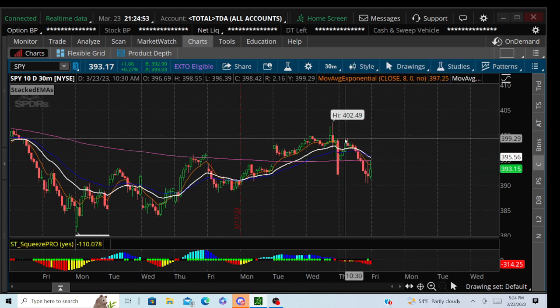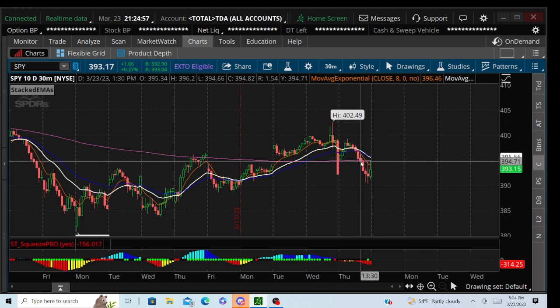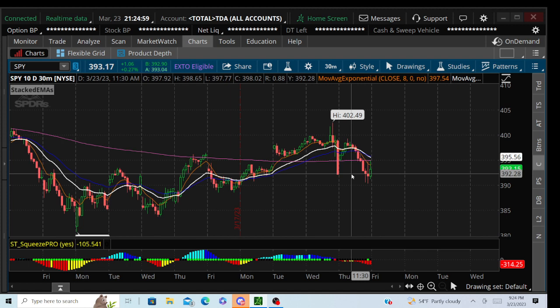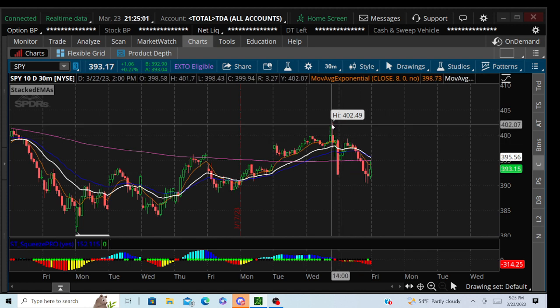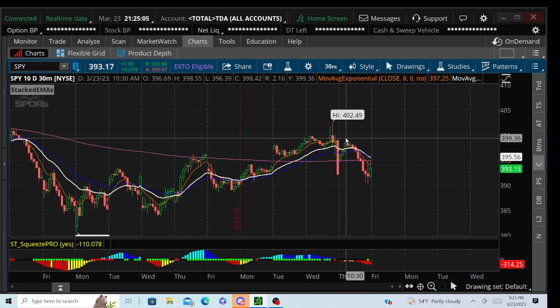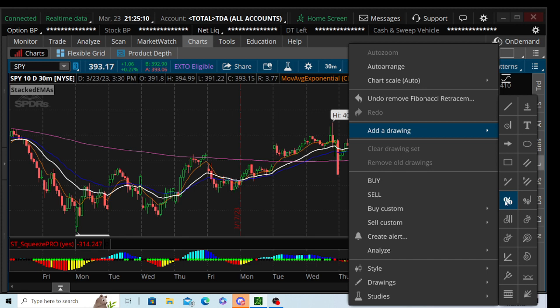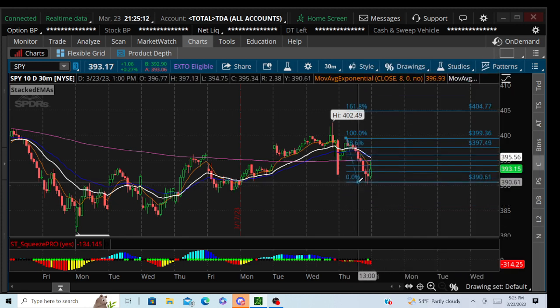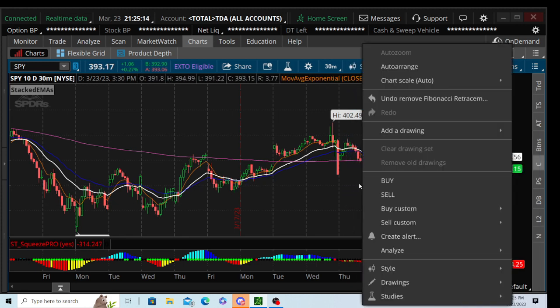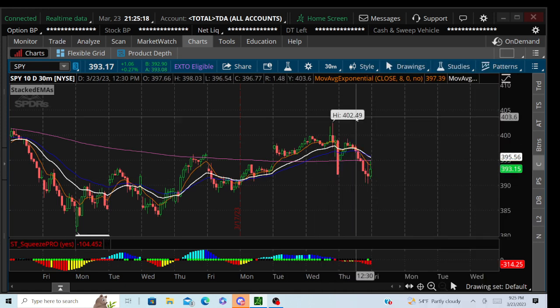So now, you could use this high. Some people may use this high and down to here. But if I put my fibs on from this high to this low and it bounces, I'll reset them to this high once it starts to fall again. Sorry, this stupid laptop.